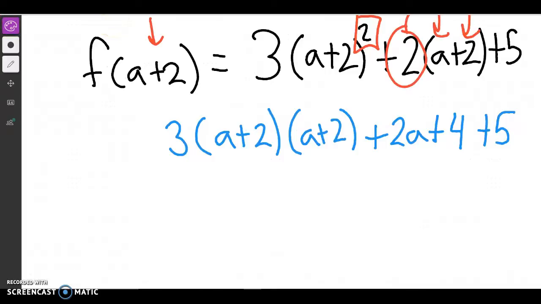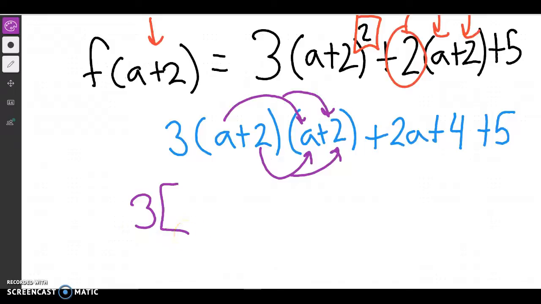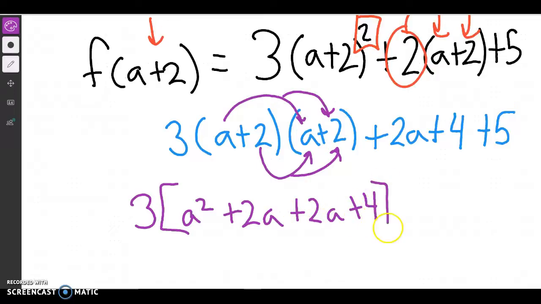My next line would give me, let's choose a little bit of a darker color. Well now, since we have this kind of thing, because squared means times it by itself, we're going to have to double distribute. So I'll have to distribute the a, then I'll have to distribute the 2 to both things. So I'll have 3 times a squared plus 2a. So that was my a's going across. Now let's go with my numbers across. Plus 2a plus 4.